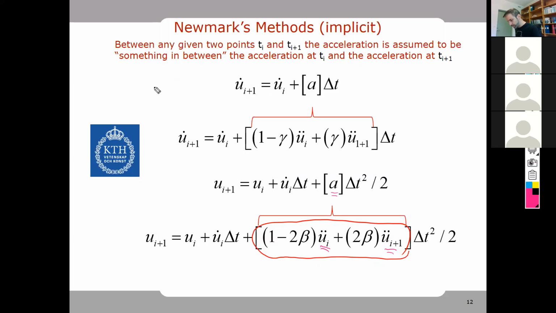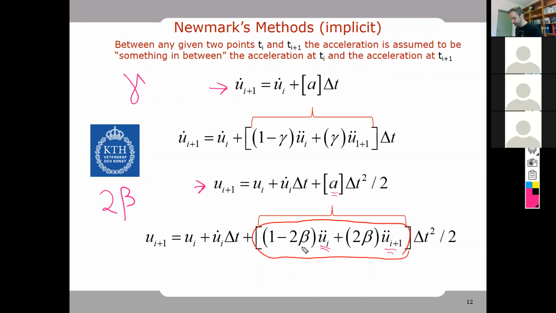In the previous application, how we mix those two is controlled by the parameter gamma. In this other example, how much we mix these two is controlled by this 2 times beta, right?